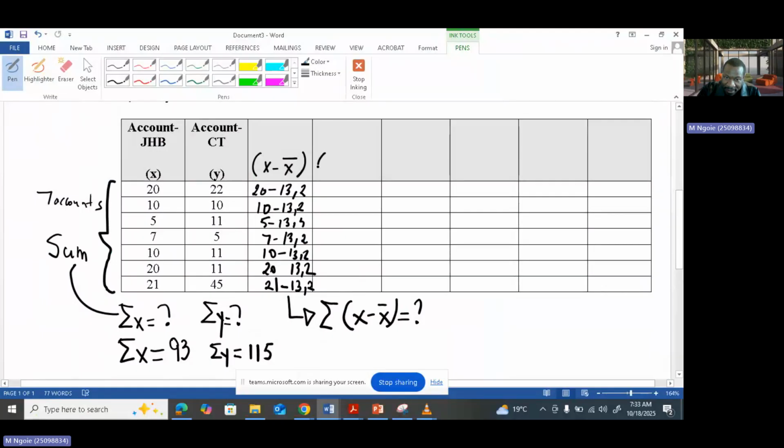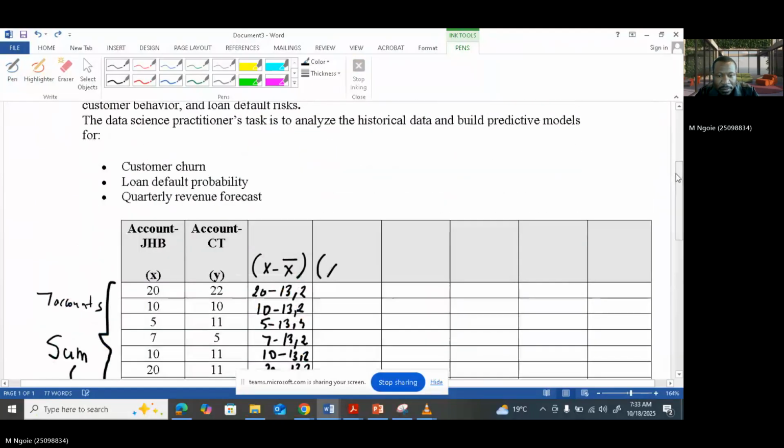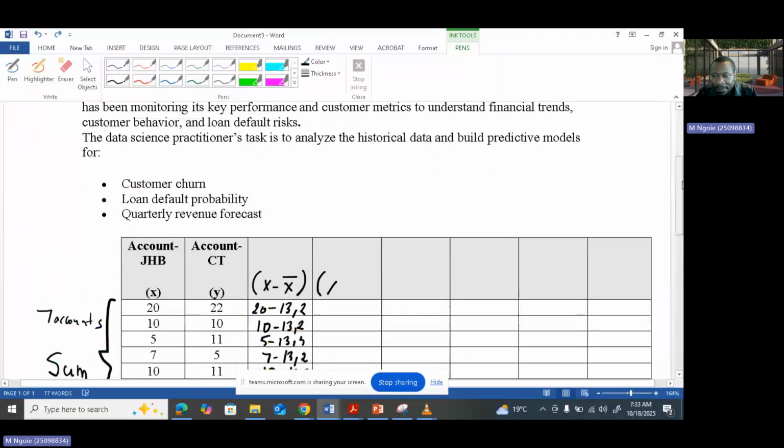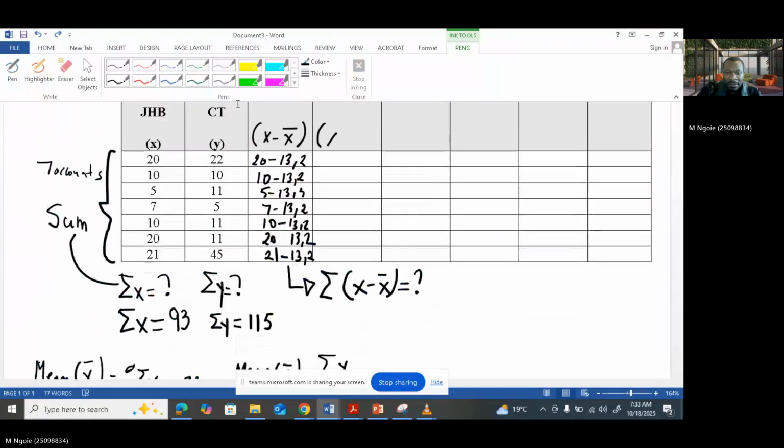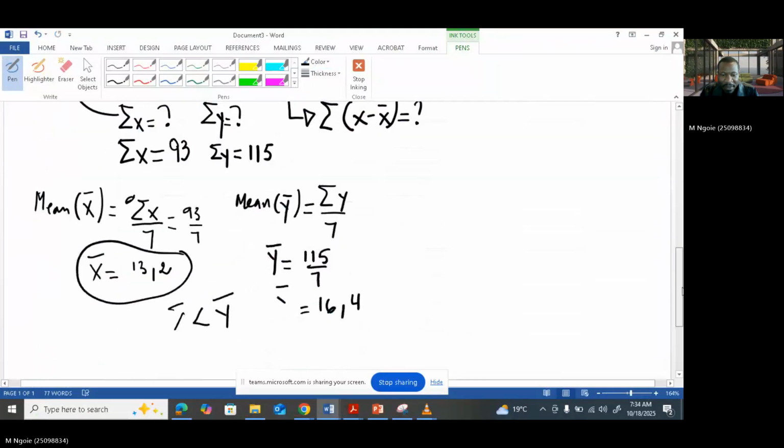So here, it's not Z, let me use Y. Here it's going to be Y minus Y bar. So it's going to be 22 minus the mean. What is the mean here? It's 16,4.